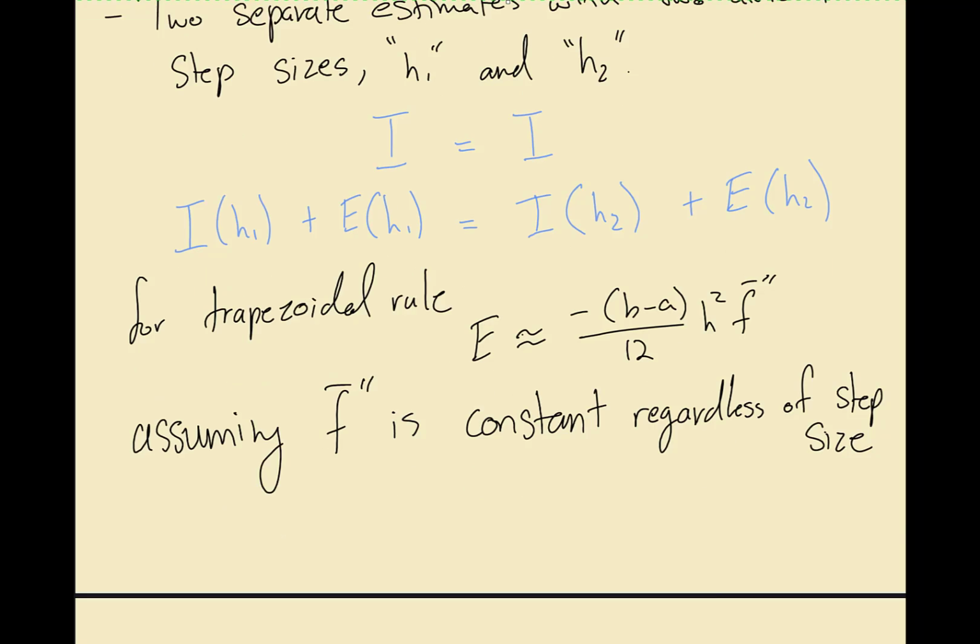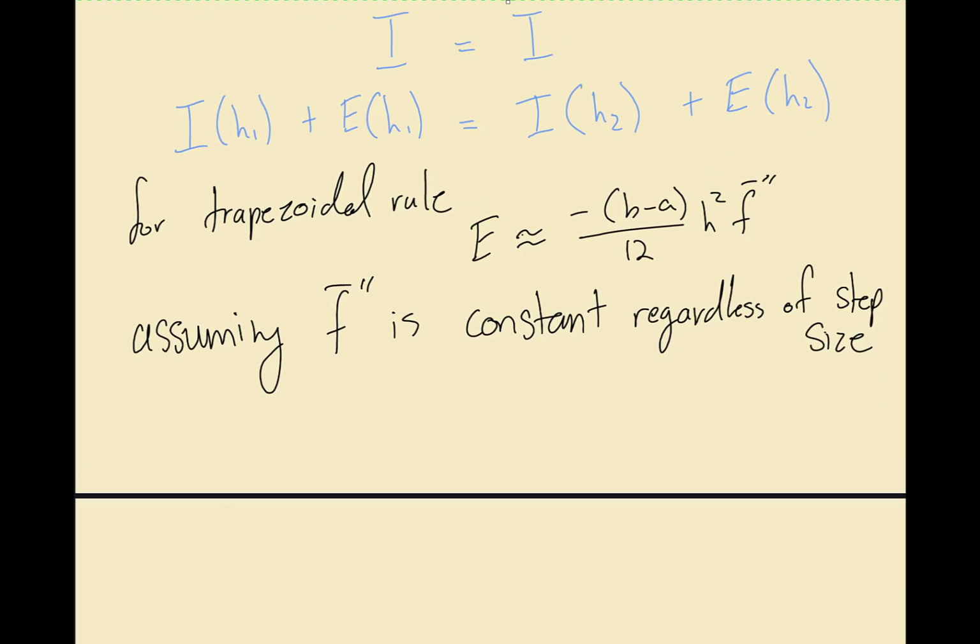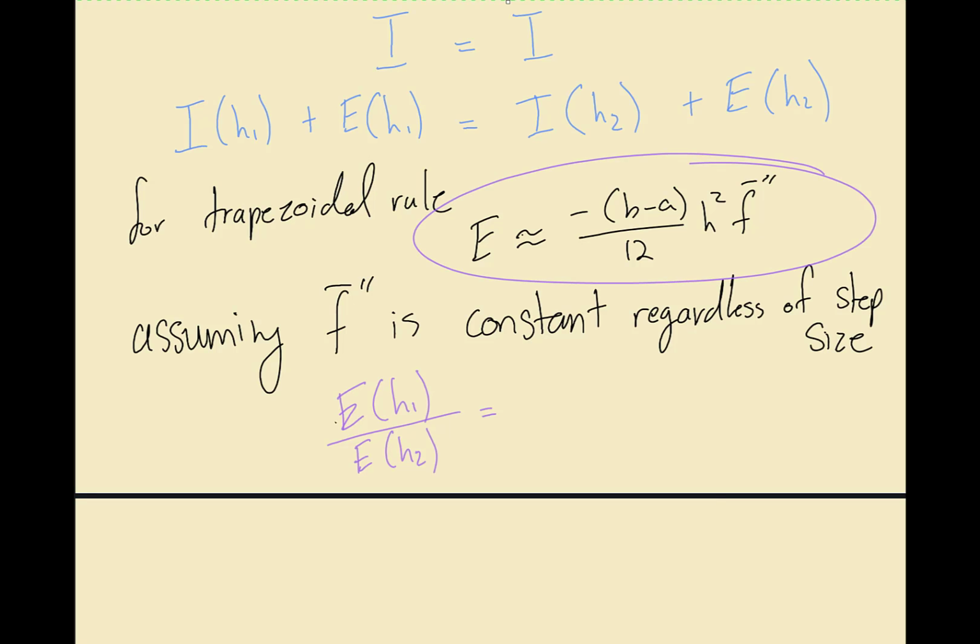So in that case, what do you think the ratio of E h1 over E h2 is? What do you think that's going to be equal to? What part of this equation stays the same and which part changes? Only the h, right?